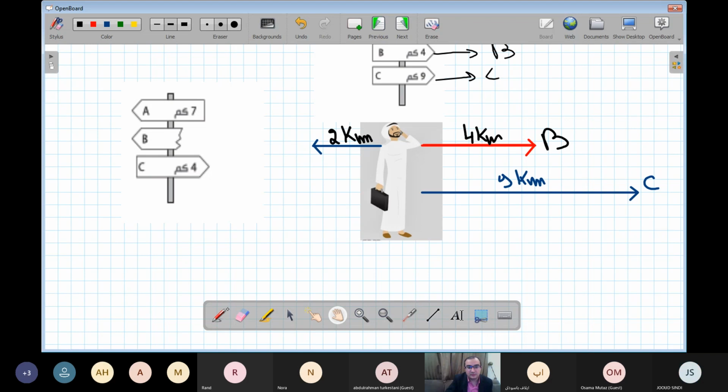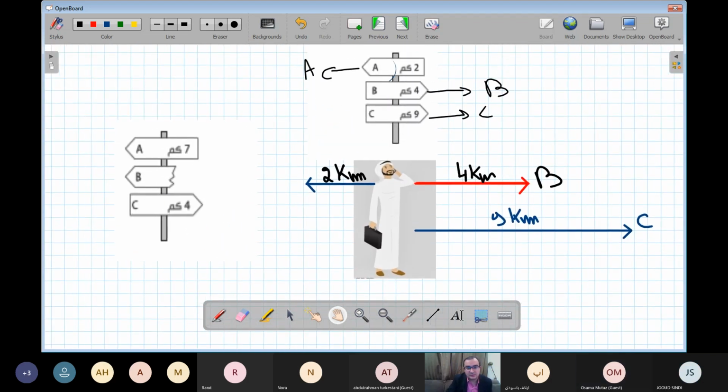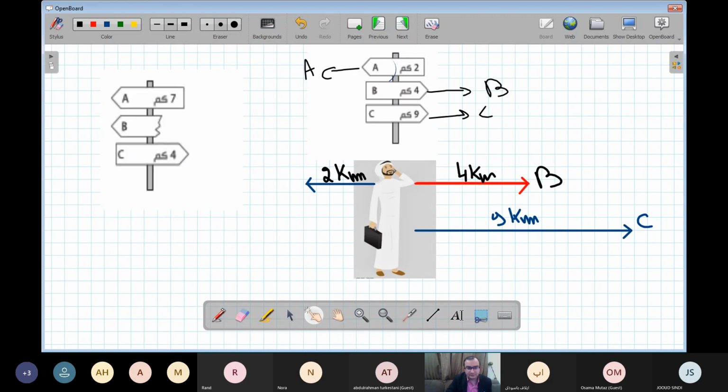Now I have this one. We have another signpost here, like this. This is the same one. If you want to go to A, let's make it an X, for example, because this is math.